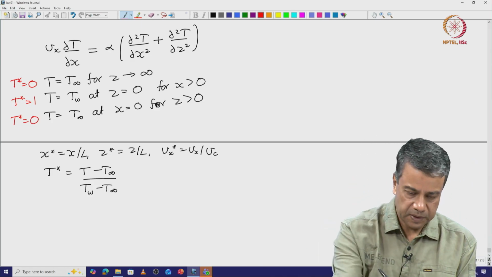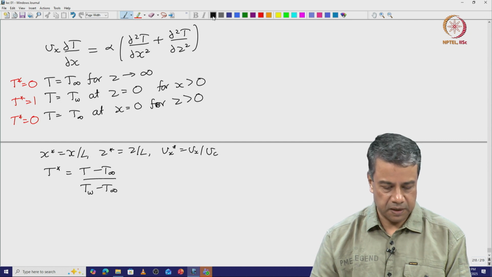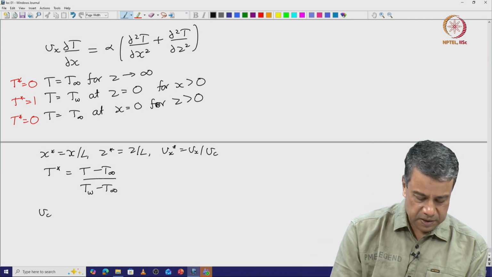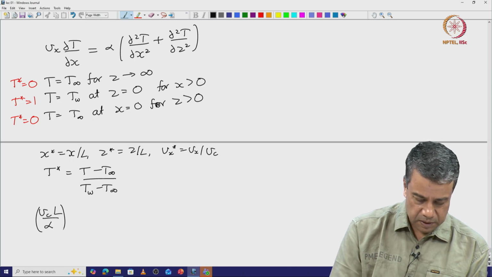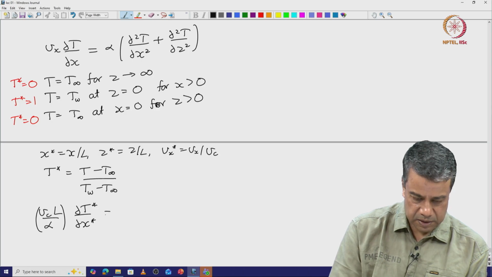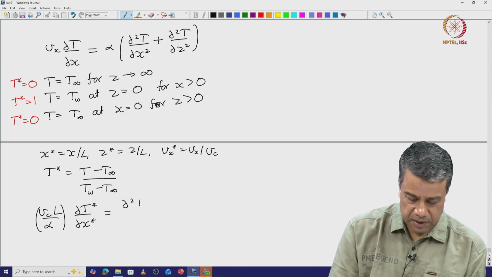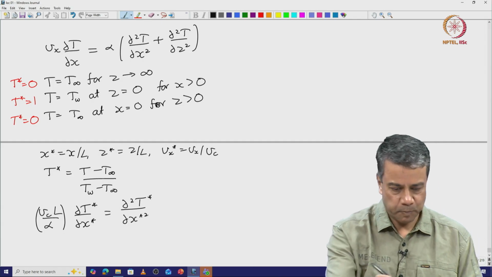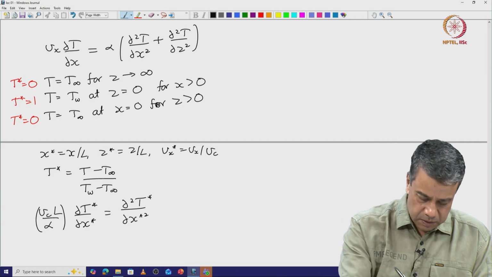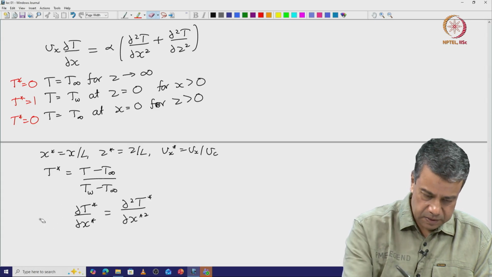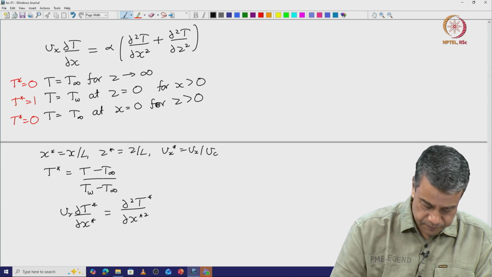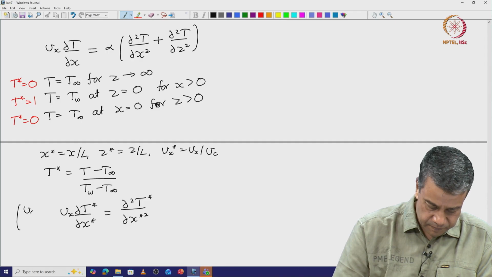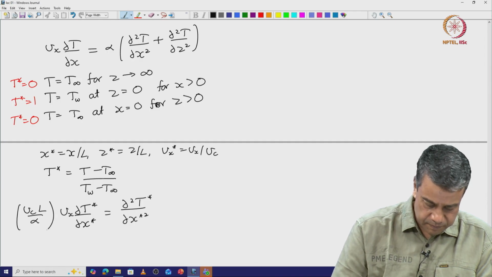And if you use the scaling, you will find that Vc into L by alpha, partial T star by partial x star is equal to partial square T star by partial x star square plus partial square T star by partial z star square. So, I should have a Vx here.